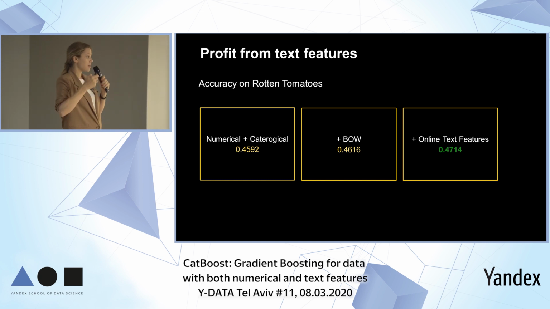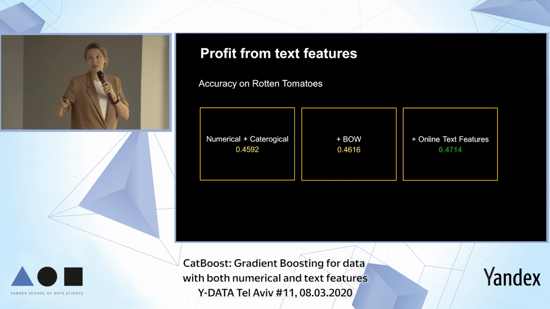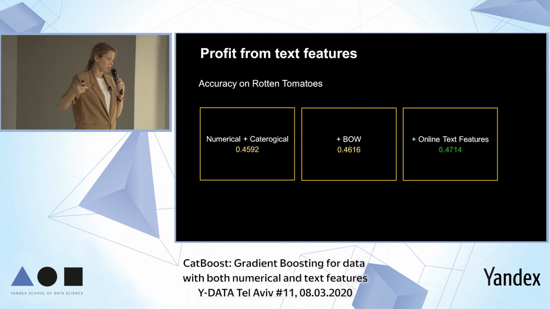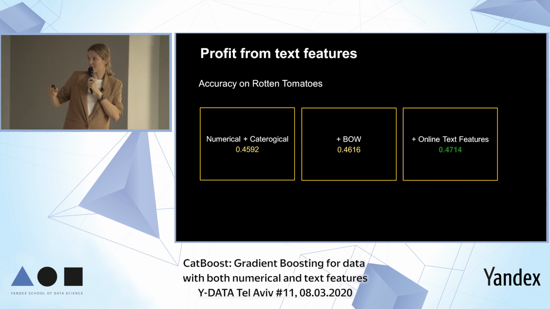If you add bag of words to that, which you actually can do with your hands. So you add bag of words with unigrams and bigrams, then the quality improves a little bit. And then if you also add online features, so if you just use CatBoost out of the box, the quality improves more. And the important thing is you get this for free. You just say that this is a text column.